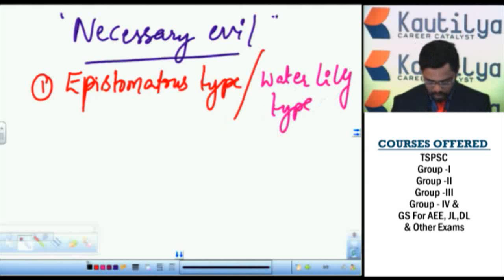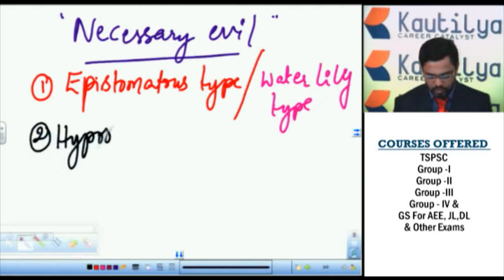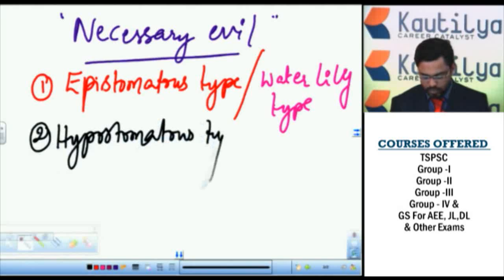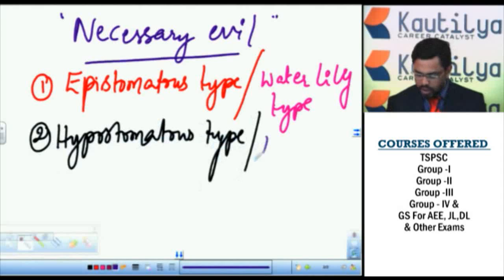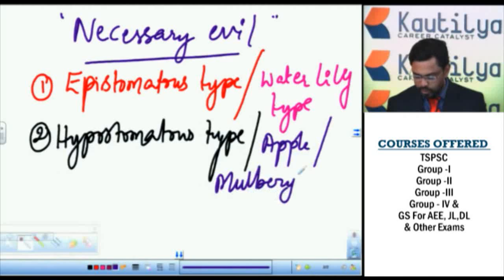And hypostomatous type. This hypostomatous type of stomata is also called apple or mulberry type of stomata.